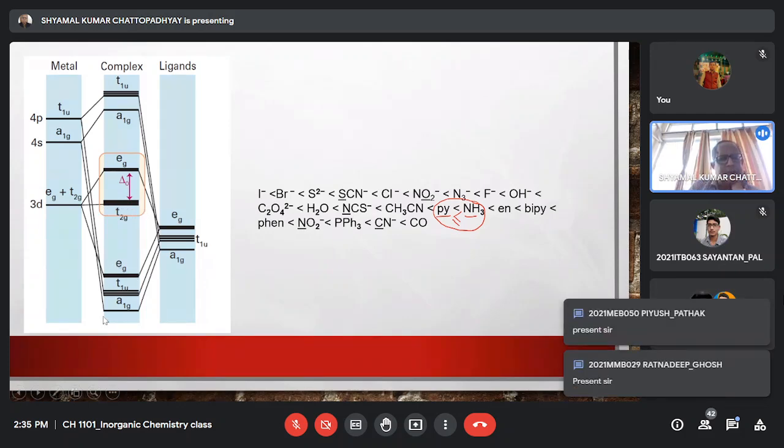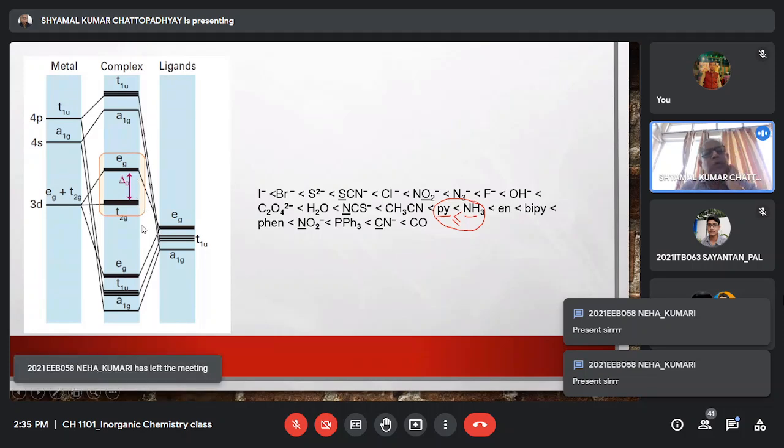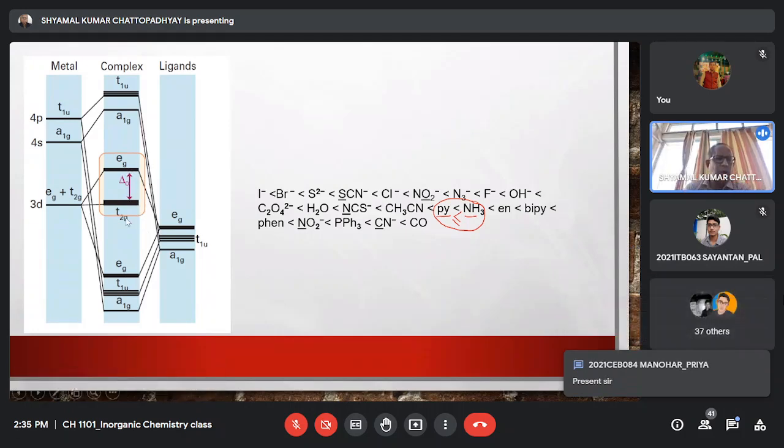So we have 3 bonding orbitals, 3 anti-bonding orbitals, these are the anti-bonding orbitals, and we have a non-bonding orbital. And since we know that the energy gap between T2g and Eg is called delta O, here the delta O is this energy, and as you can see, this energy gap is actually difference in energy between the anti-bonding Eg orbital and the non-bonding T2g orbital.